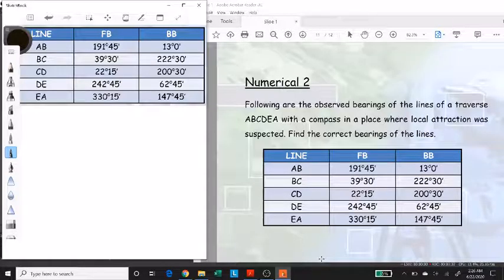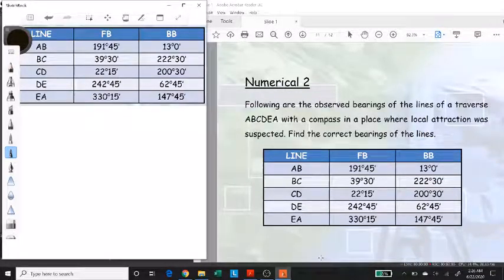So from that, I can see what my sum of angles is and how much it should have been, and then the difference between the two can be adjusted equally among all the sides. So let's say if the difference between the two comes out to be 1 degree, and I have how many corners? I have A, B, C, D, E, five corners. So I can apply a correction of 1 degree divided by 5 to every interior angle, and that is how I can evenly spread out the correction.